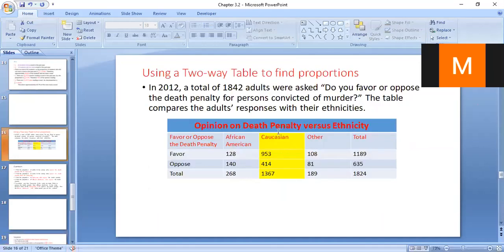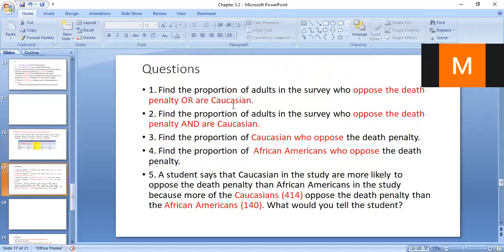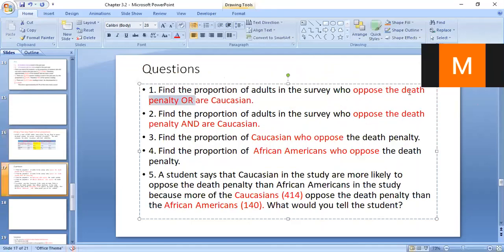So that is the all. Or you have to add everything in this one and this one. Caucasian is 953, 414, and 840, 81, and 30. And then you will get the number. When you find all, you add the opposing and Caucasian.